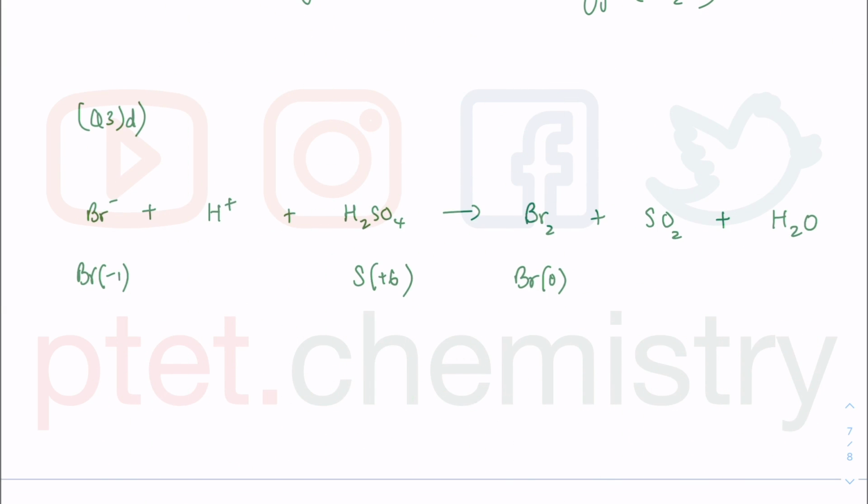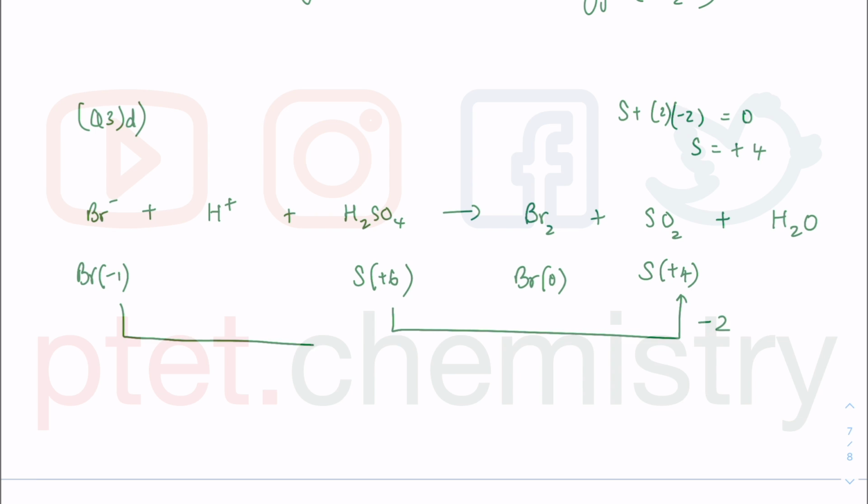And sulfur in SO2 is sulfur plus 4, because each oxygen is minus 2, so 2 times minus 2 is minus 4. I am off my game here, but anyway, sulfur is plus 4 here. So sulfur plus 6 to sulfur plus 4 is a decrease of 2. Br minus 1 to Br0 is an increase of 1.